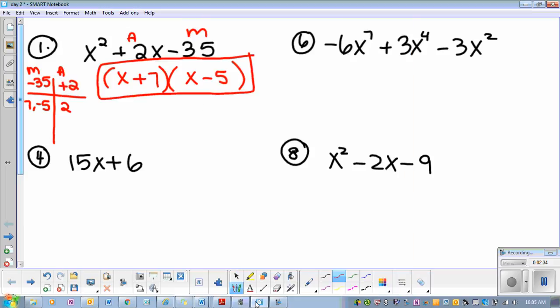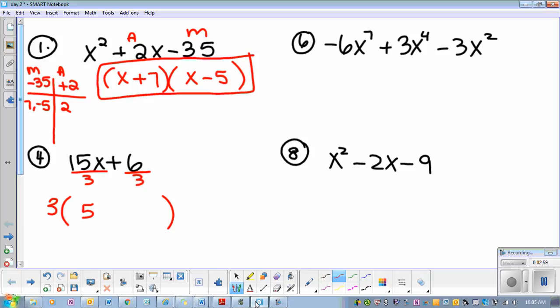Okay? So 3. Can I take an X out? No, because 6 doesn't have an X, right? Alright, so then 3, and I have to open parentheses. Now you have to take that GCF and divide it over everything. So guys, what is 15x divided by 3? 5x.